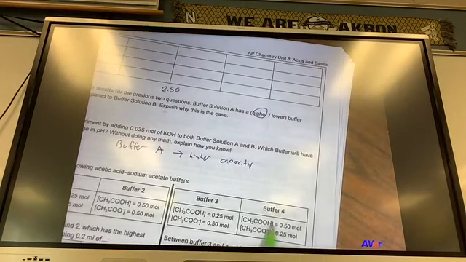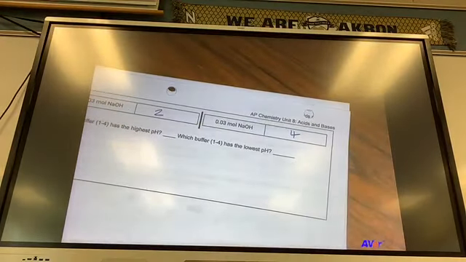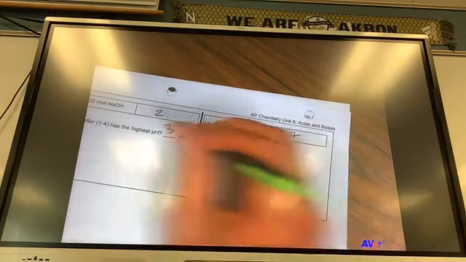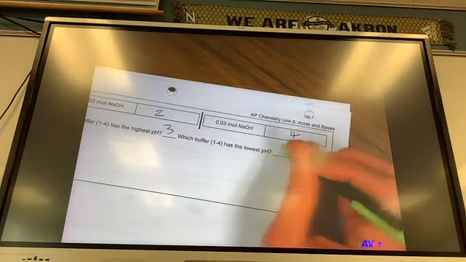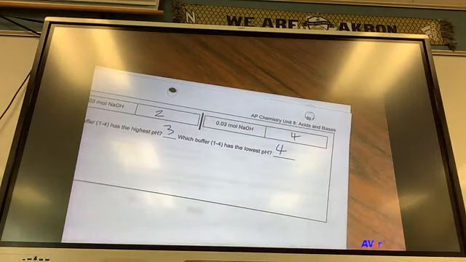The NaOH wants to rip that H off and turn it into water. So which has the highest pH? Buffer number 3. Which has the lowest pH? 4. 3 is going to be above 7. 4 is going to be below 7.